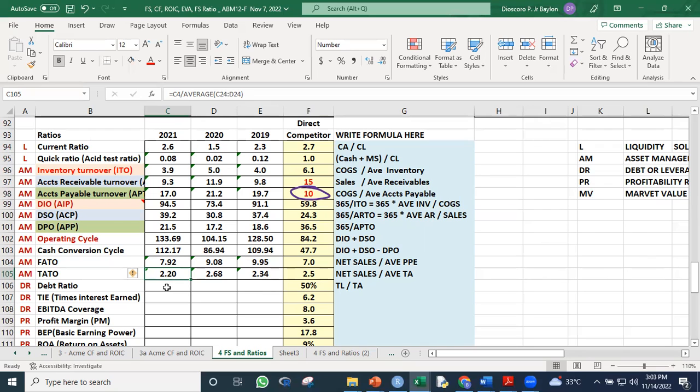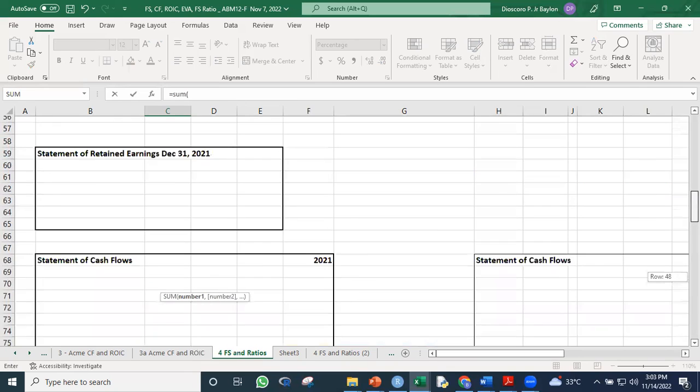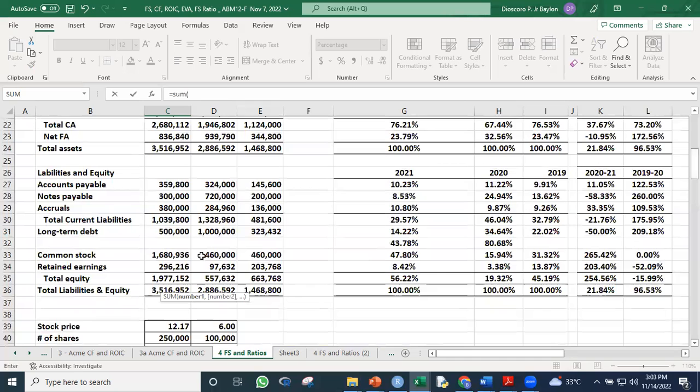Okay, we have the debt ratio. Okay, how leveraged the firm is, and the measure is the total liabilities over total assets. Okay, so let's compute for this. Total liabilities, I think we have to sum up our current liabilities and your long-term liabilities.